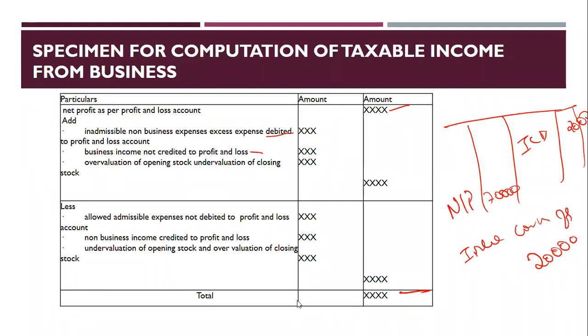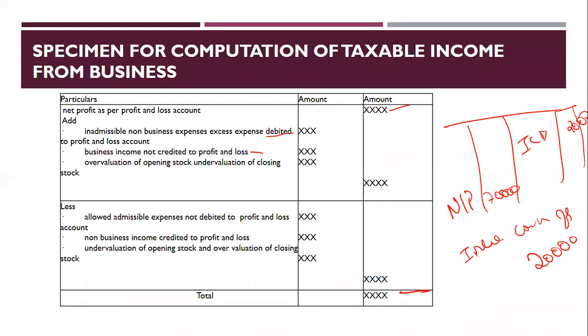And the next is less: allowed admissible expenses not debited to profit and loss account. As per income tax, they are saying only one thing: we don't want your money, and in the same way you pay the exact tax on whatever you earn. That's all.